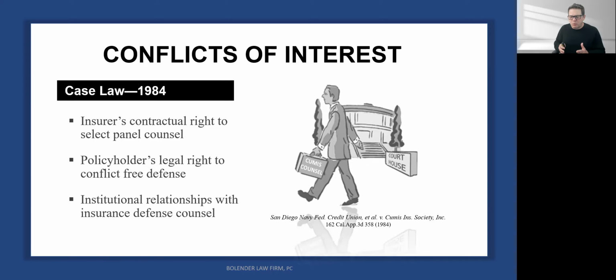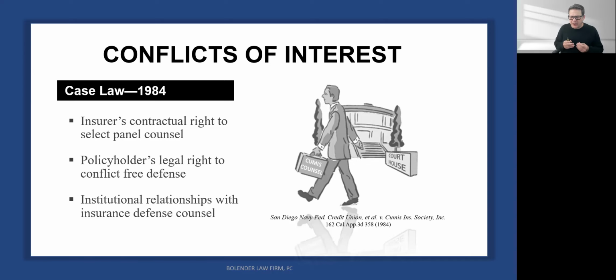The classic Cumis paradigm is a situation in which coverage hinges upon a disputed and malleable factual issue in the litigation, specifically whether or not the insured defendant's liability is based upon negligence or intent, covered versus non-covered.